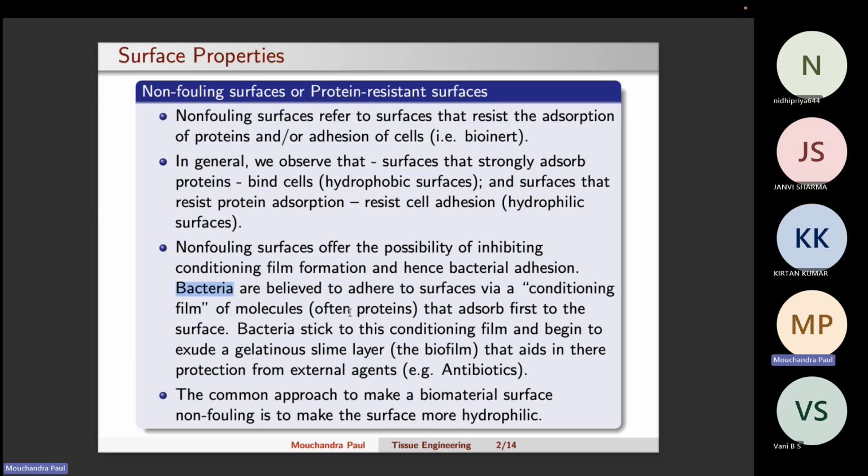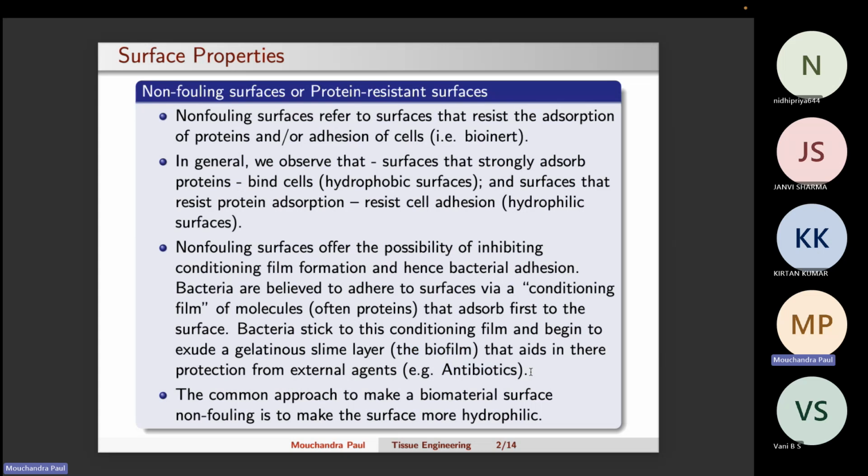This protein adsorbs to the surface, and it forms something called a conditioning film. Once this conditioning film is formed, the bacterial cells will stick to it, and once it sticks, it spreads and starts forming the biofilm. Once the biofilm is formed on any surface, you cannot remove it very easily using, say, antibiotics.